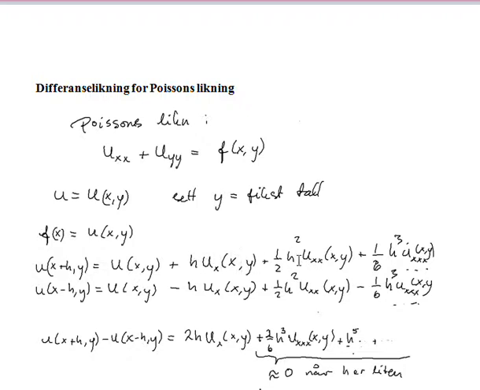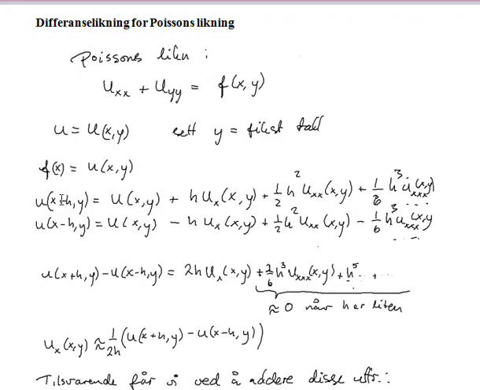Then you see that minus h squared is of course the same as h squared, and minus h to the power of 3 is the same as minus h cubed, what we have written here.